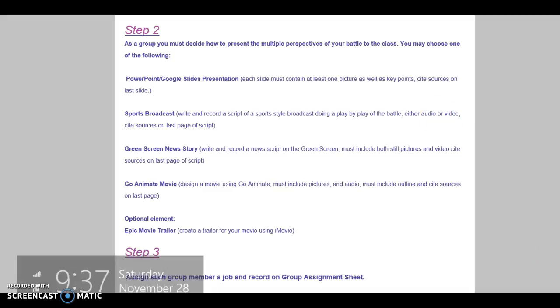Then they could do a green screen video. That was by far the most popular option. We had 2 groups that did a Go Animate, and then a couple of extension groups who did an epic movie trailer.